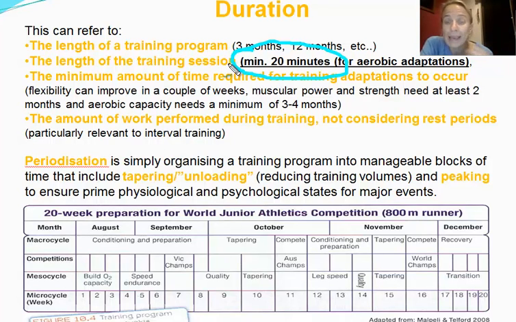Now remember, for beginners, 20 minutes may not be jogging continuously for 20 minutes. That might be interspersed by some walking. And in time, those walks would get fewer and the running sections would get longer, so that the individual could run for at least 20 minutes.